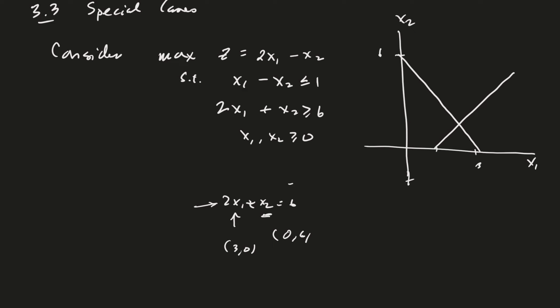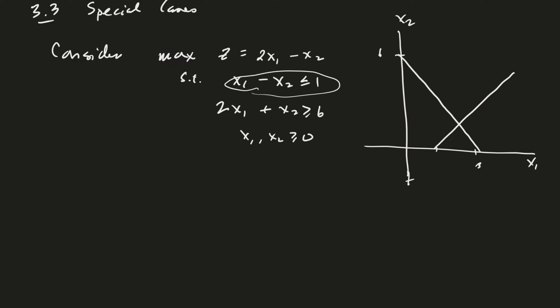Now, that takes care of my boundaries. Finally, if I want the first constraint to be less than or equal to 1, I can test (0, 0): 0 - 0 is less than or equal to 1. So (0, 0) is included, which means the half plane is all of this stuff. For the second one, it's greater than or equal to 6.